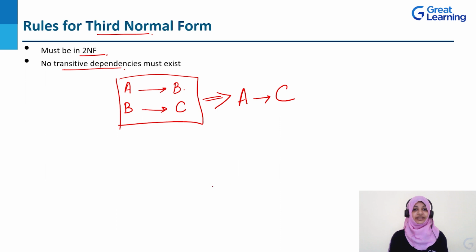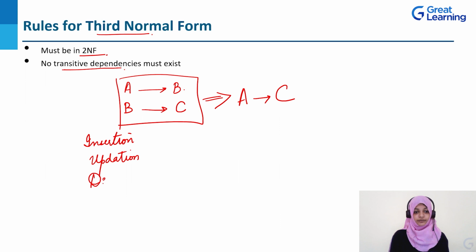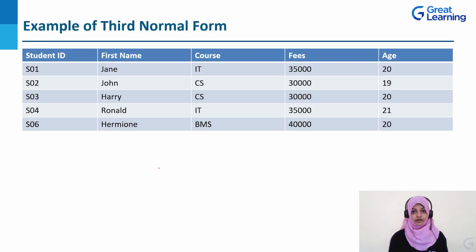Let's look at this with an example. What we'll also be looking at in this example are the three anomalies, namely the insertion anomaly, the updation anomaly, and the deletion anomaly. Observe this example given here.